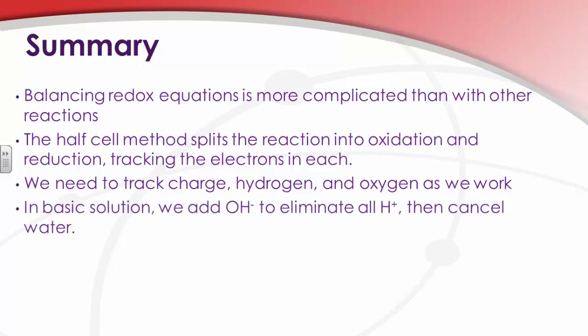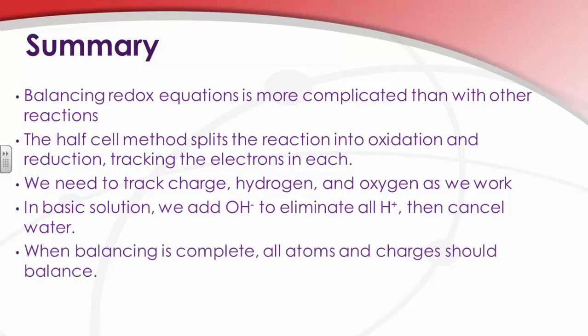And in basic solution, we have to remember to add a hydroxide to eliminate all the protons, then cancel the water before we report our overall reaction. And again, you should always be doing the quick check to make sure that all the atoms and all the charges balance once you've finished. And if you've done it successfully, they should.